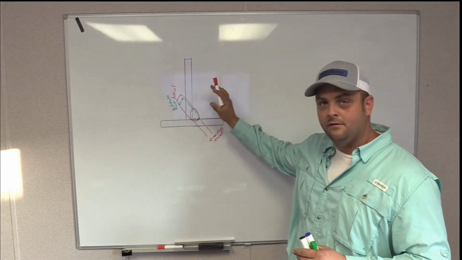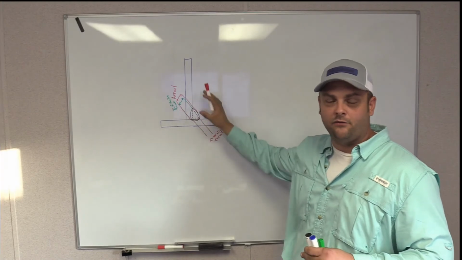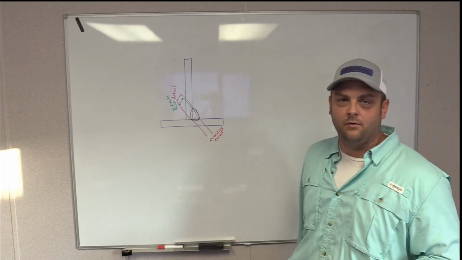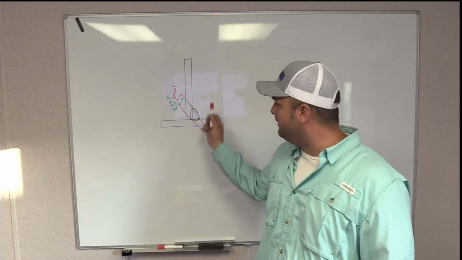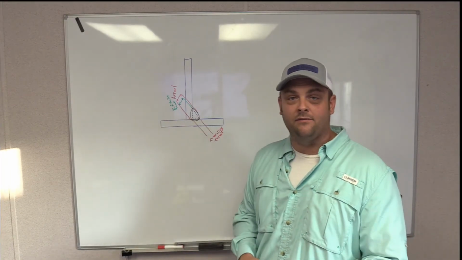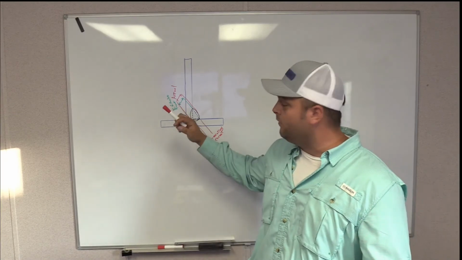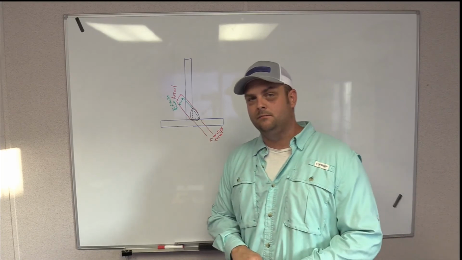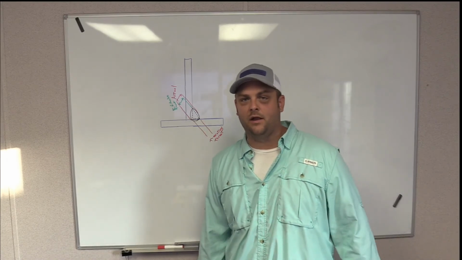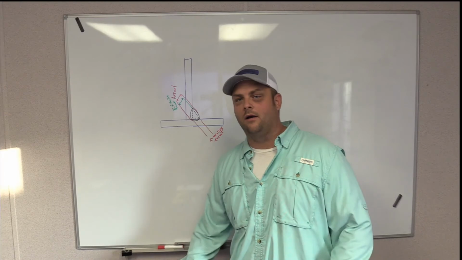These are the three throats that are associated with any weld. The AWS exam words it about 6 different ways. They'll ask you what the effective throat is, what the actual throat is, what the theoretical throat is, and then they'll draw it differently.